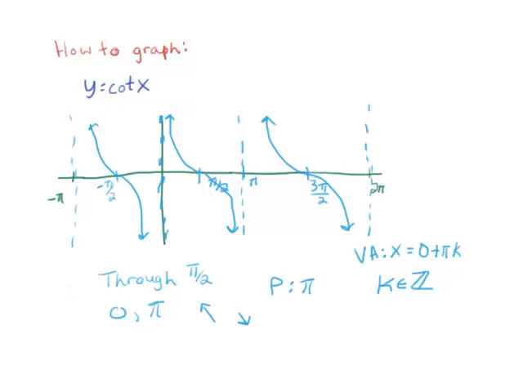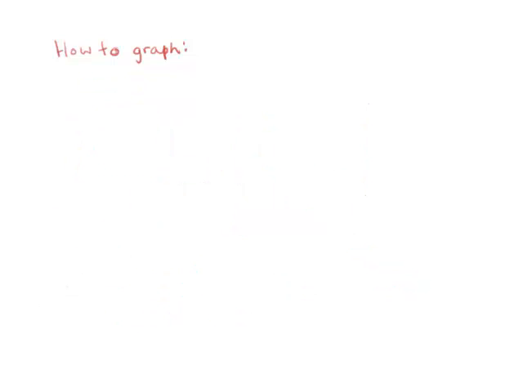So let's try something a little bit more complicated. Let's try graphing y equals 1/2 cotangent of x over 4. Well, let's talk about what these things are doing. This is a vertical shrink by 1/2.